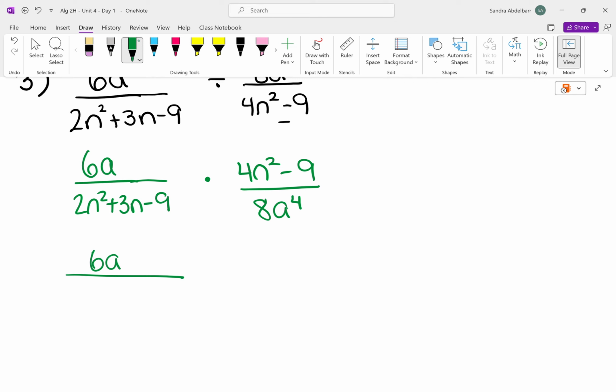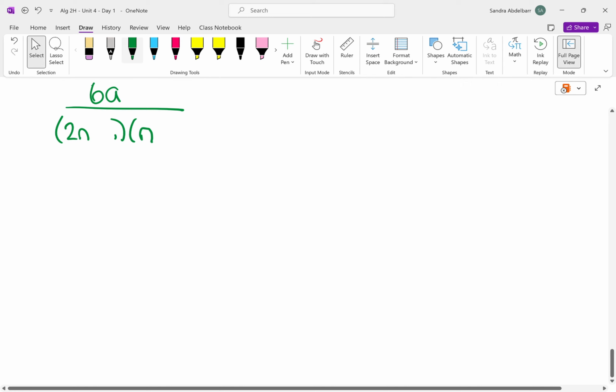When we factor 2n to the third plus 3n minus 9, you are going to end up with 2n plus 3 and 2n minus 3. That's where I hung up, because I wrote the 9 as a 4. Oh, there we go. So I don't need to keep going. Does anybody want me to keep going? No? Okay then, forget that.